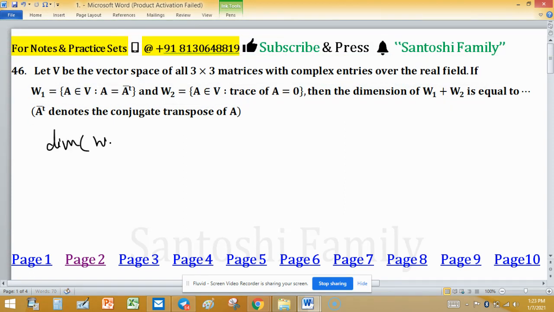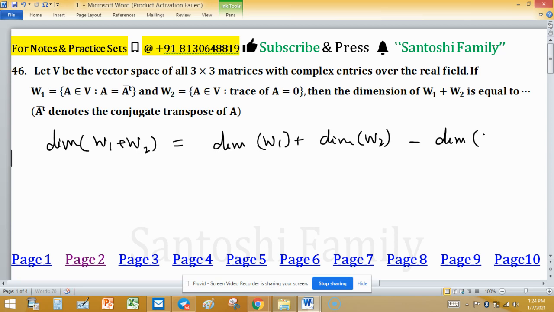The dimension of W1 plus W2 can be found by the formula: dimension of W1 plus dimension of W2 minus dimension of the intersection.